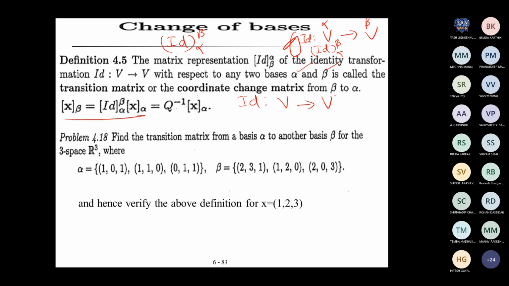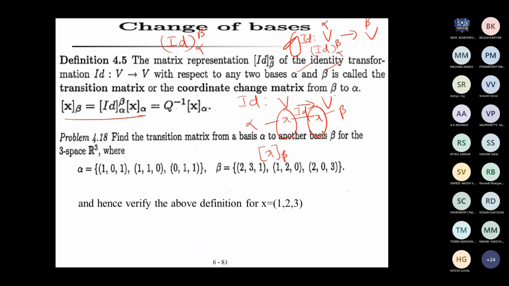What is this? X beta, that means what? See, X is an element here. X goes to X again under the identity transformation. So here you have alpha and here you have beta. What is the meaning of X beta? What does this symbol denote here?